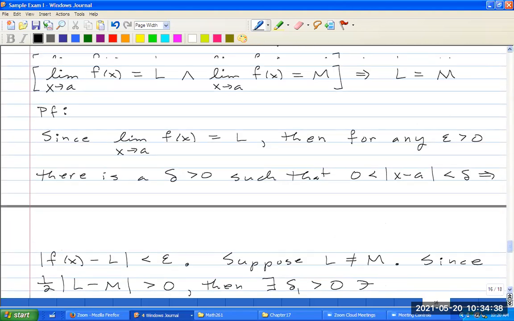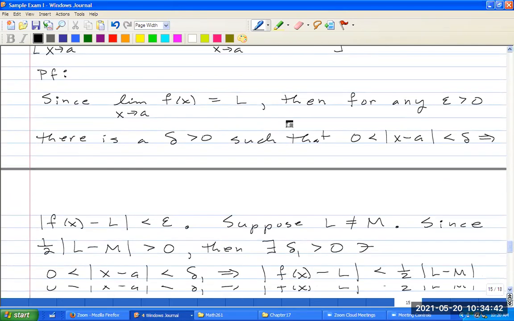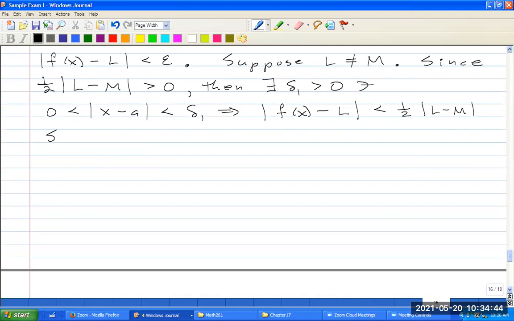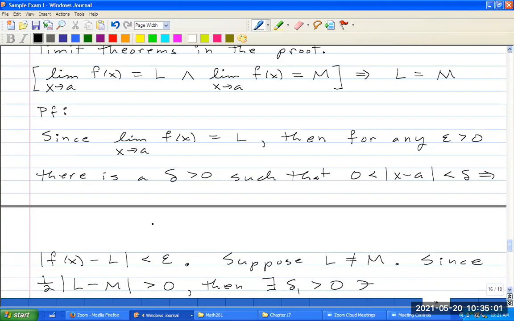Also, I can do the same thing for this one. So since the limit as x approaches a of f of x equals M, I'm not going to write it out. It's the same here.